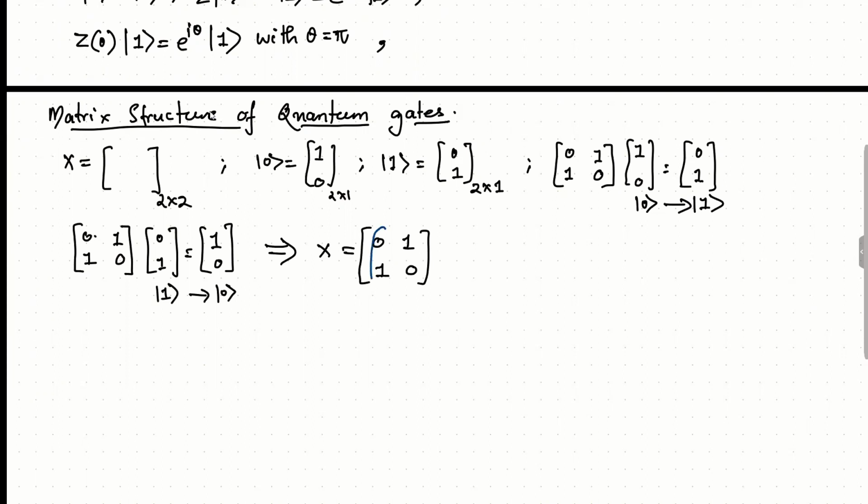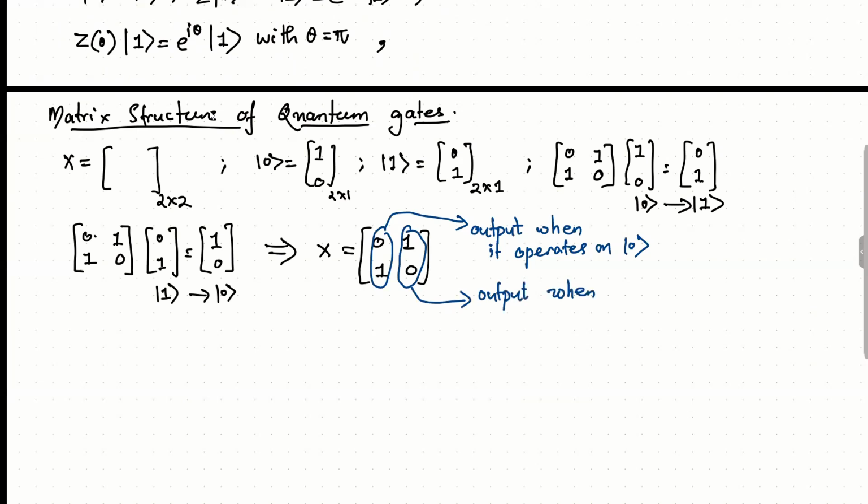So this column is the output when X operates on state 0. And this column is the output when it operates on state 1.